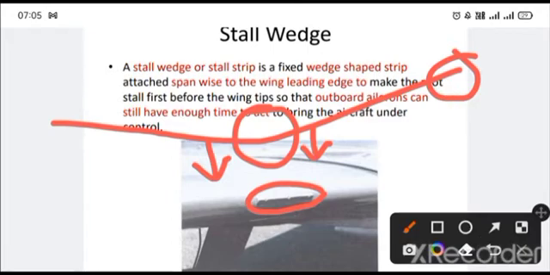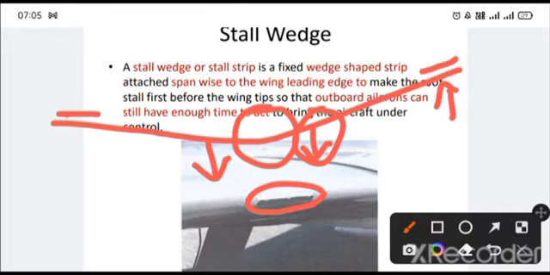What is the advantage? As we know, the ailerons are fitted on the outboard tip section of the trailing edge. If the tips do not stall before the root, they will still have smooth flow over them, which will give better control by the ailerons, even when the aircraft root is going down but the tip does not go down when it stalls.